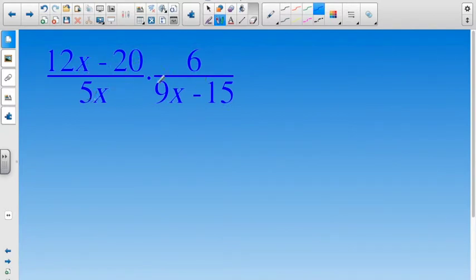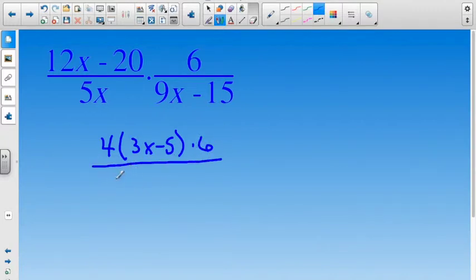12x minus 20 over 5x times 6 over 9x minus 15. In a situation like this, now we're going to have to start factoring this. If I look at 12x minus 20, I know there's a common factor here of 4 in that. So I can take a 4 out of that, and that's going to leave me with a 3x minus 5. And then I have a times 6, and that's going to be on the top. And then on the bottom, I have a 5x, and I can take a 3 out of this, I believe.